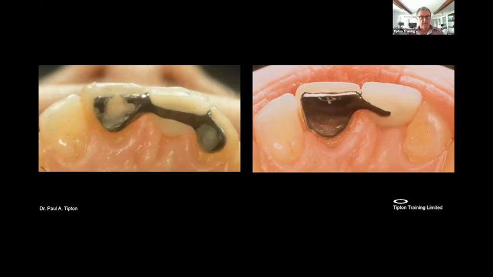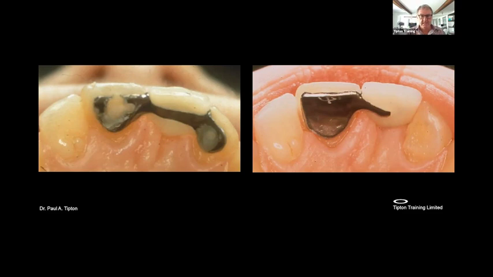By stress breaker, we mean that mobility will take the stress away from, number one, the cement lute: less cementation failure, very important with Maryland adhesive bridge work. Number two, the ceramic or porcelain: if there's less stress on it, there's less chance of it chipping, another mode of failure. Number three, the abutment tooth: there's less chance of the abutment tooth fracturing off at gum level if we have the periodontal ligament in place.